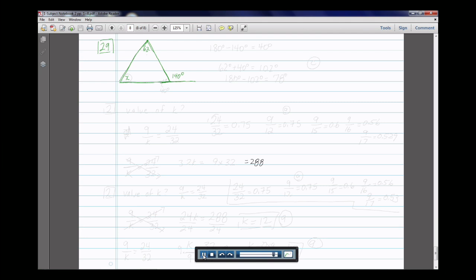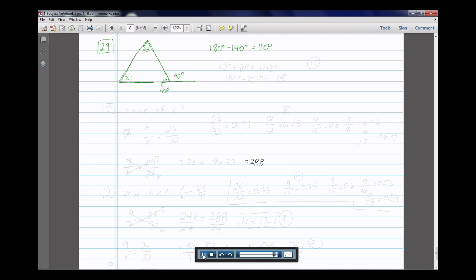So you take a look. If this is 140, then this one here is going to be 180 degrees minus 140 degrees, which is 40 degrees. So now we know this one is 40 degrees.